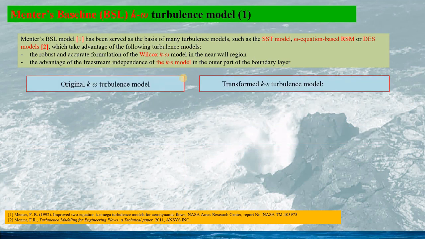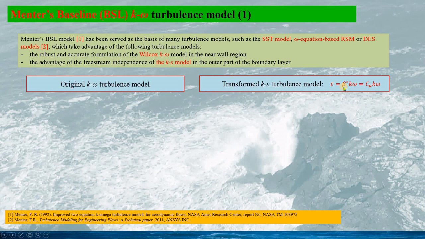So in formulating Menter's baseline model, we have two different turbulence models: the original K-omega turbulence model and the transformed K-epsilon turbulence model. The relation between the parameter epsilon and omega is given as this.